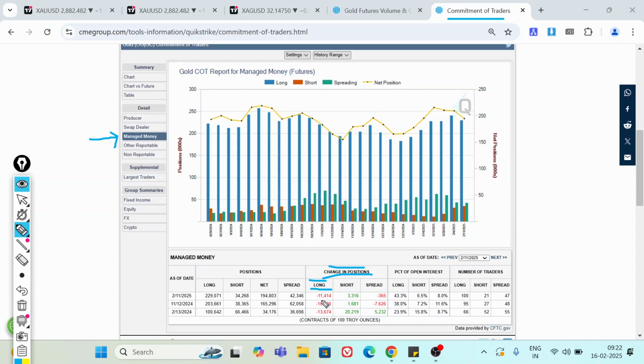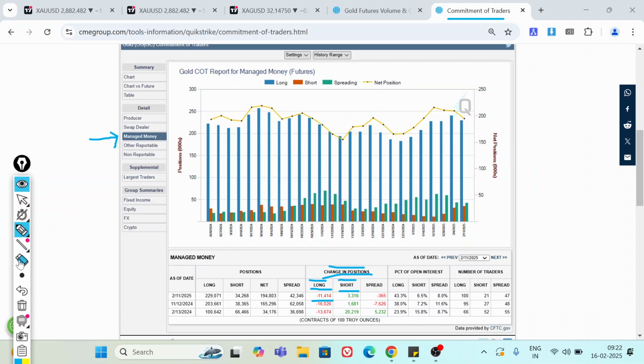For this particular report, they decreased their long positions by 11,414 contracts.